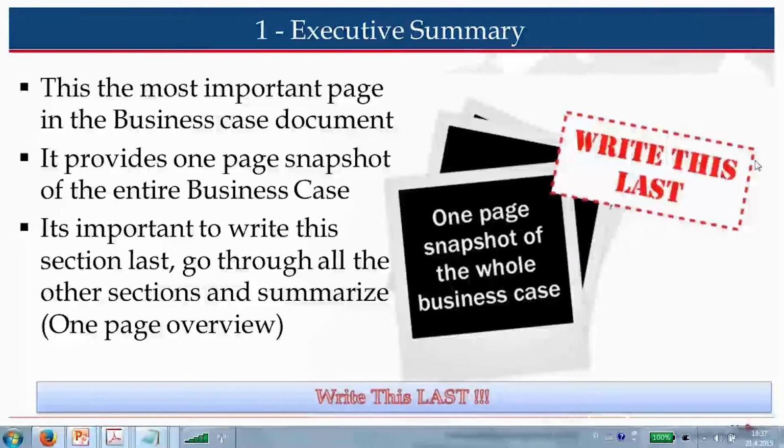The other sections are done in more detail, and when you do those in detail, you get a better idea, and then it's good to put the whole thing into a one-page snapshot. I don't know what you feel, but this is what I would do, because it's much easier when you have the best understanding of the business case. Any thoughts or comments on this?